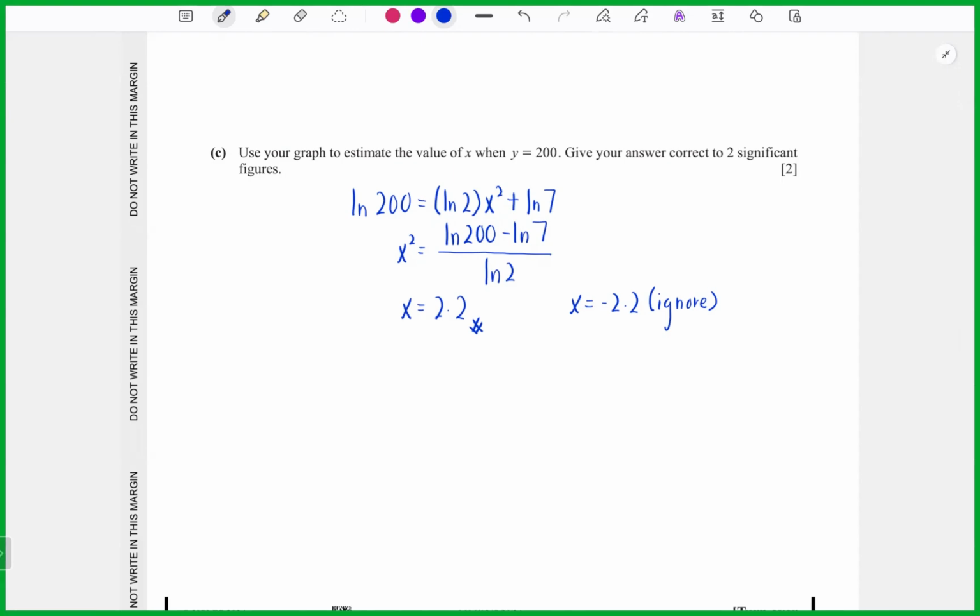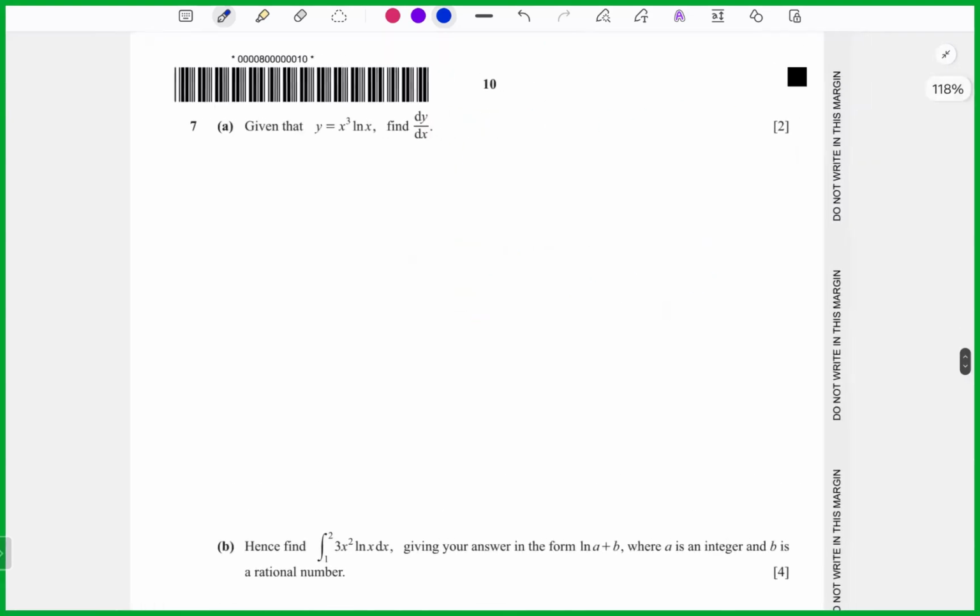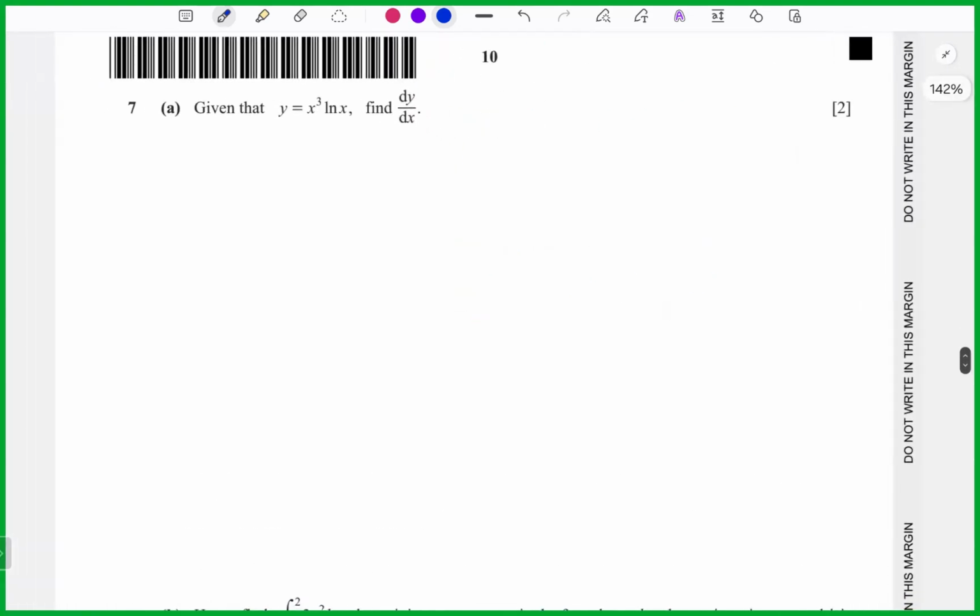Okay, now we go to the next question. Question 7a. Given that y equals x cubed ln x, find dy/dx. So how to find it? For this question you need to use the product rule.